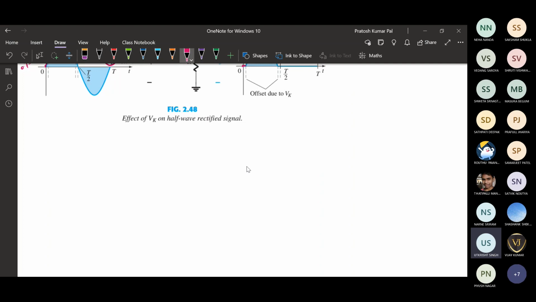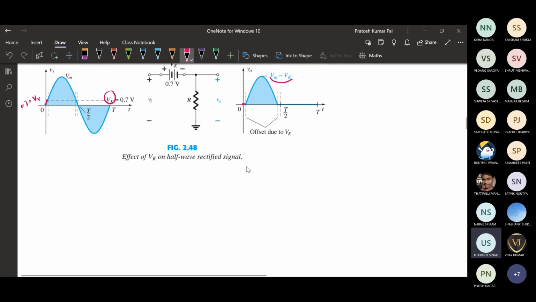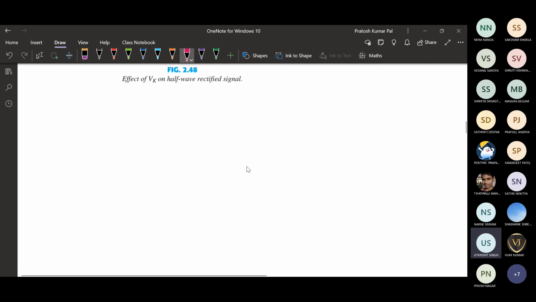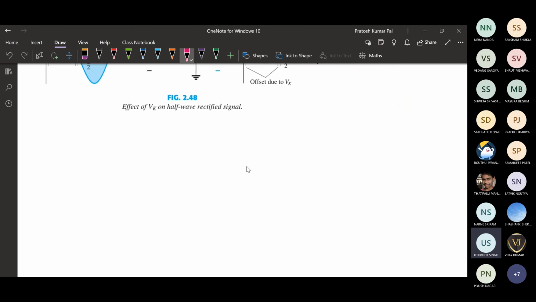The time period for which the diode is on is called the conduction angle. In calculation, we should also notice some parameters, like what output waveform we are getting and what the frequency is.